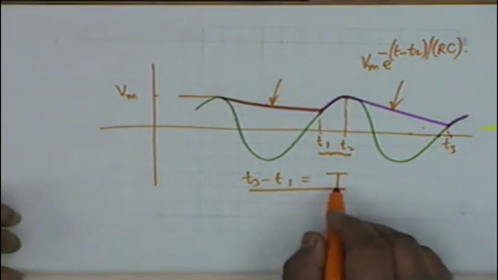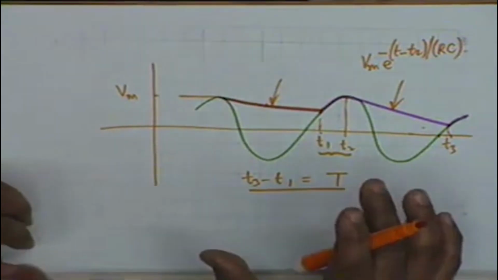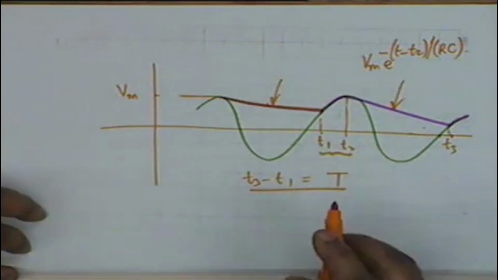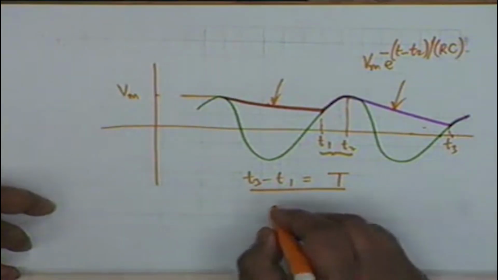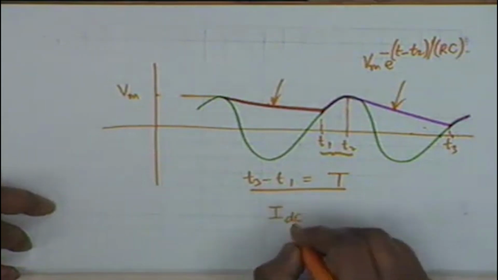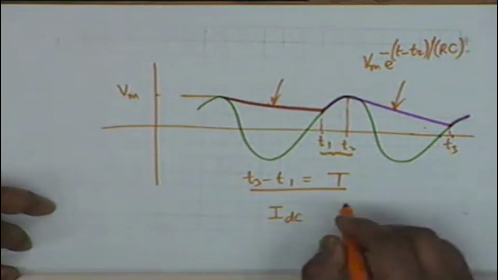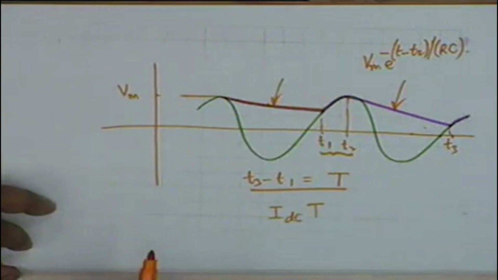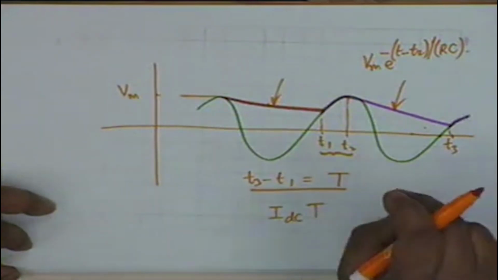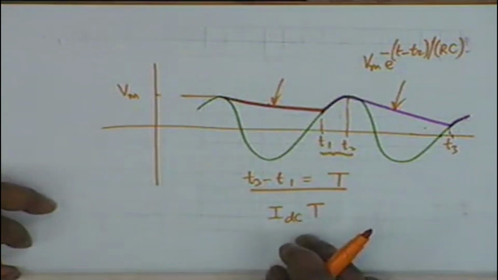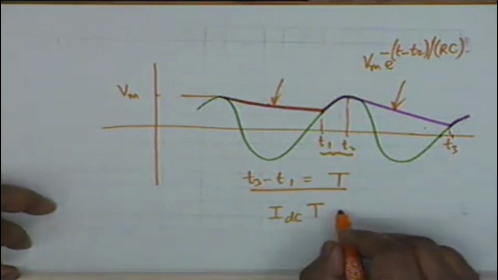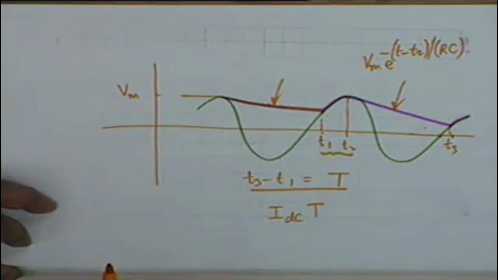During this time period, how much charge has been transferred to the load? Obviously IDC times capital T. During one time period, the total charge transferred from the capacitor to the load is replenished during T1 to T2.